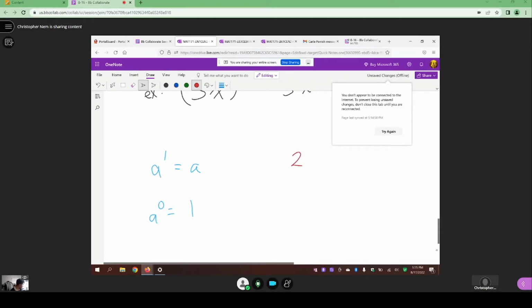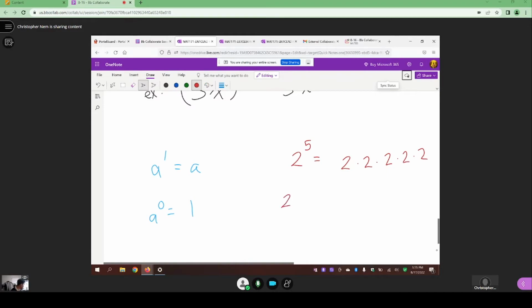2 raised to the 5th power is the same as 2 times 2 times 2 times 2 times 2. Correct? You're multiplying 2 5 times. If I say 2 raised to the 6th, I just multiply an extra 2. But let's go backwards.